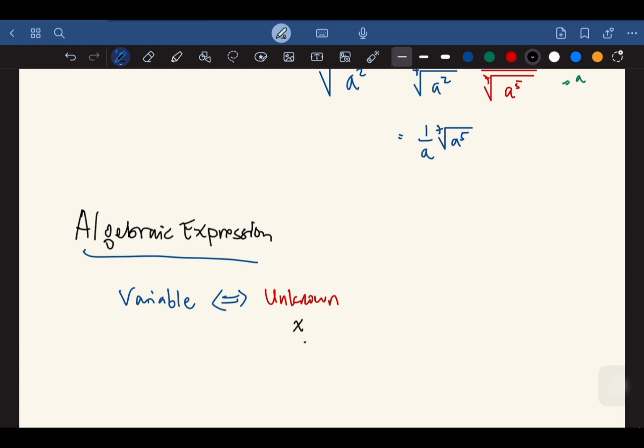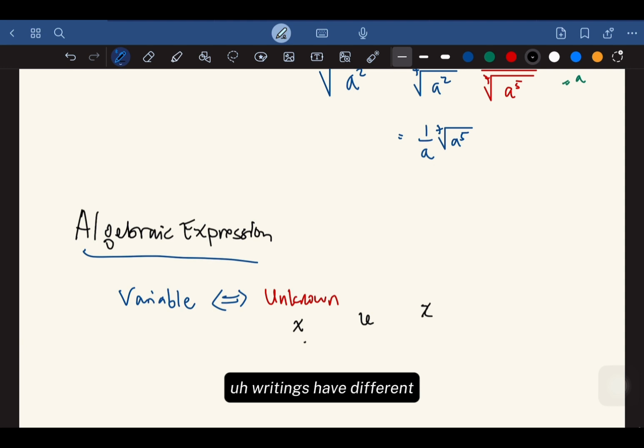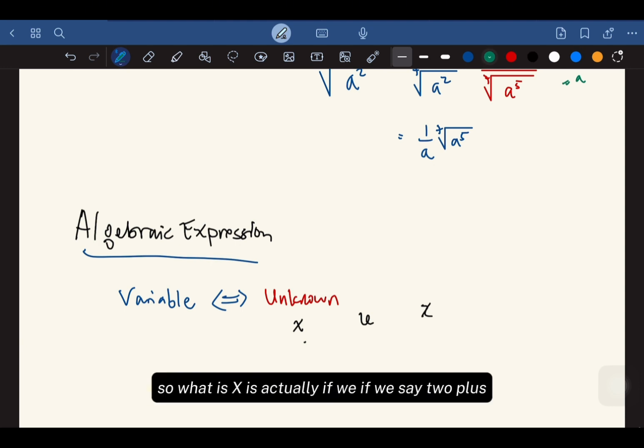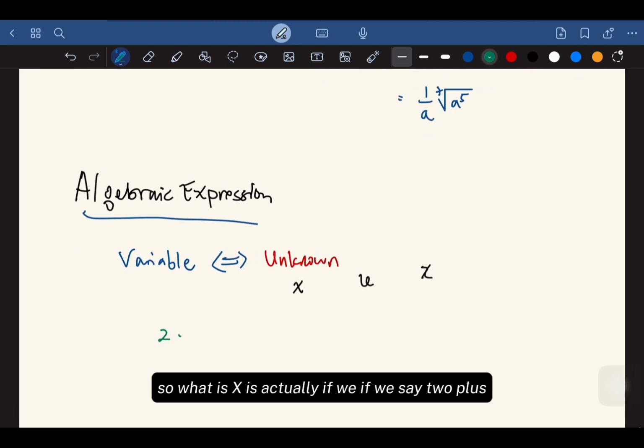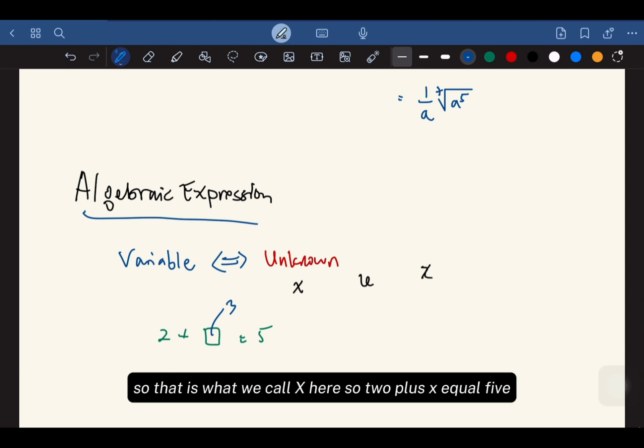It can be like that. Some textbooks have a different x, but it is the same unknown. So what is x? If we say 2 plus something missing equals 5, we know that this something is 3, and this something is what we call x.